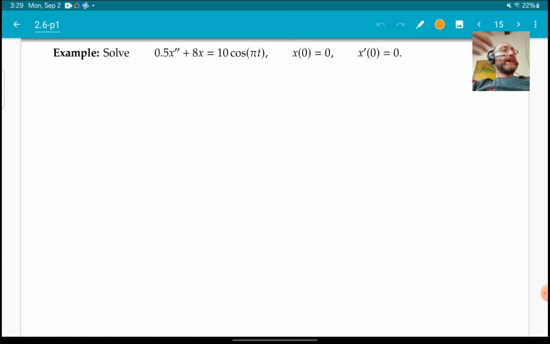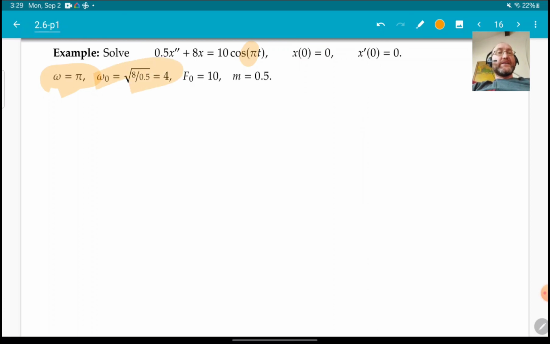So let's look at an example. Suppose that this is our equation. So mass is a half, the spring constant is 8, and our force is 10 cosine pi t. Let's suppose that we take the simplest possible initial conditions. So this is basically our omega is pi.